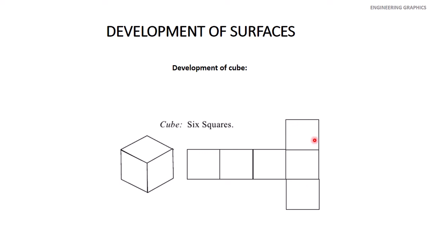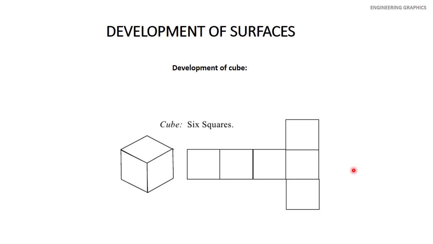All these are squares equal to the dimension of the square face of the cube. So 1, 2, 3, 4, 5 and 6. If you draw 6 squares like this, this is the development of cube. All these developments are made by using parallel line method.